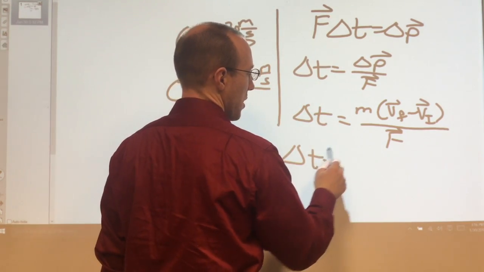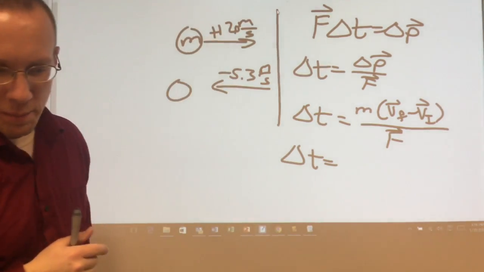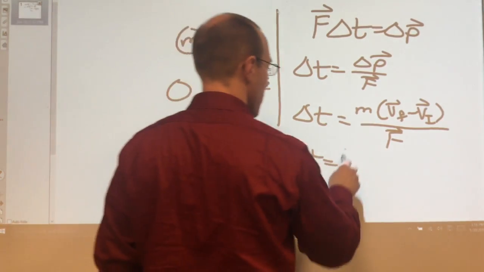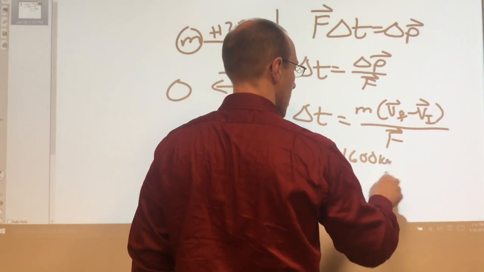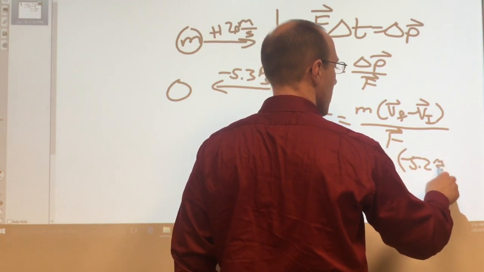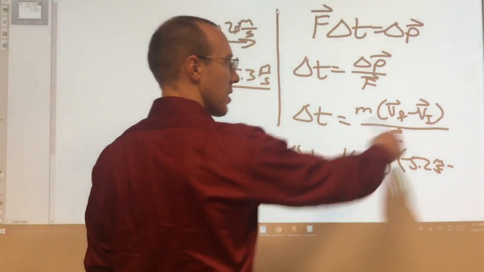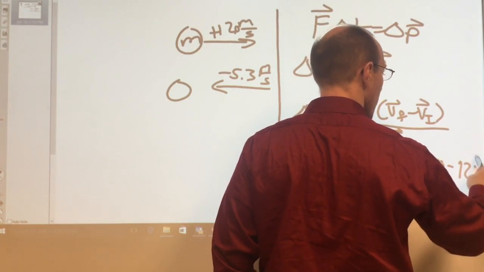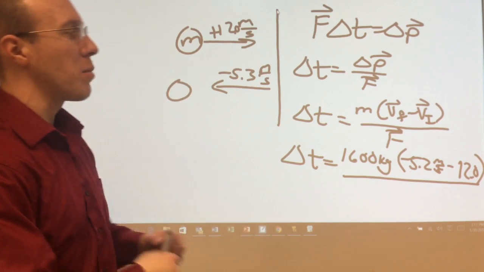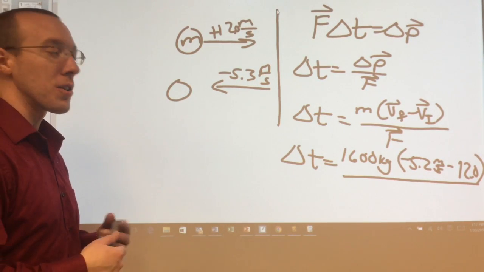We're going to put in our values. Check here what the mass was: 1,600 kilograms. Our final velocity was negative 5.2 minus the initial, which was 12.0. If you notice, if you take a negative 5.2 minus 12, you get something larger.